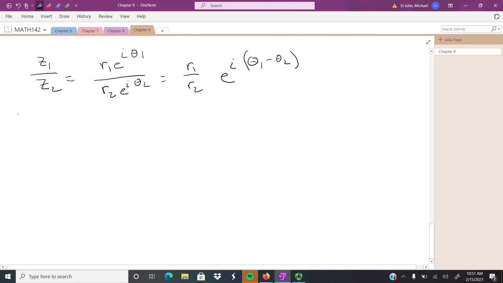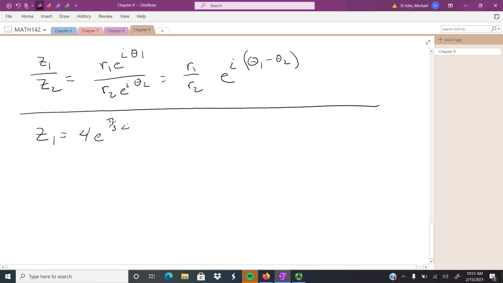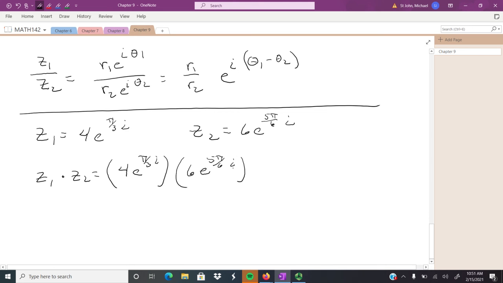So my example. Given z1 is 4e^(πi/3), z2 is 6e^(5πi/6). Then z1 times z2 is 4e^(πi/3) times 6e^(5πi/6), which will give us 24.